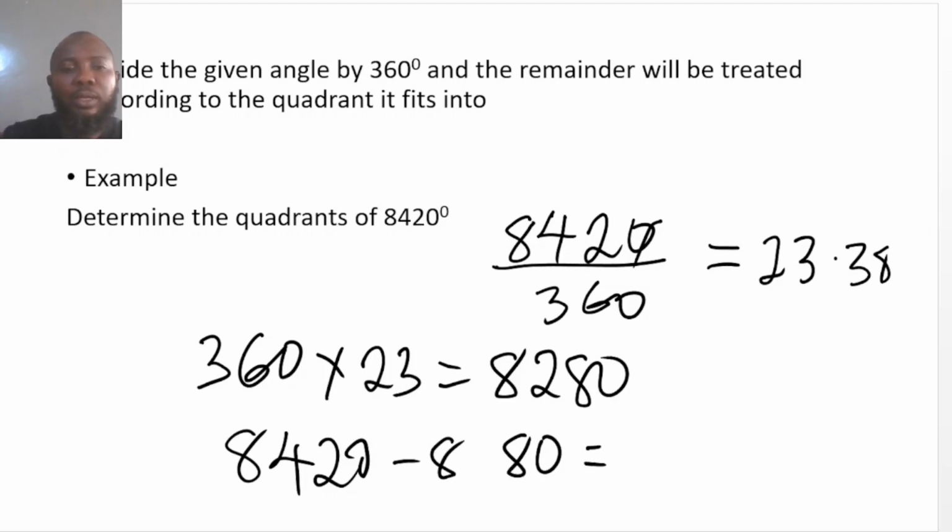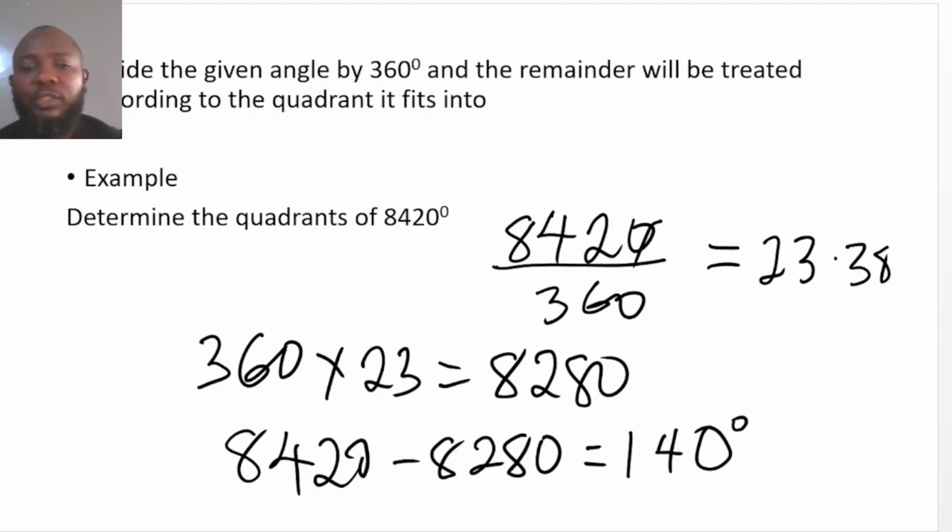8,420 minus 8,280 gives us 140 degrees. So we are now going to determine which quadrant 140 degrees falls in.